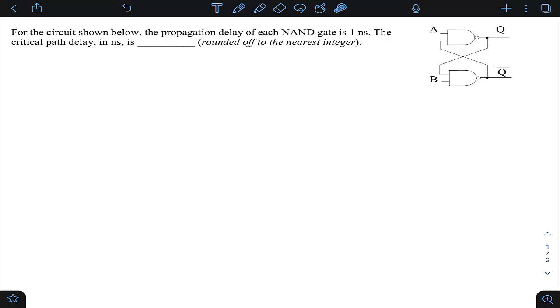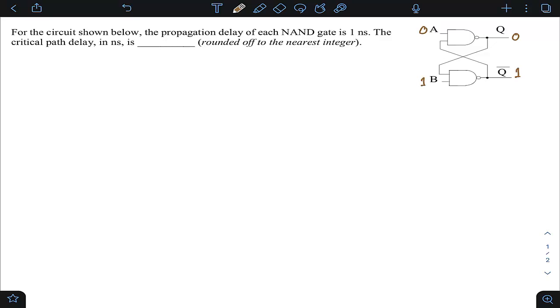Now let us try some inputs and find what the worst case delay can be. The delay can be worse if the delays of both these gates are involved. So let us assume that initially the condition of this is 0 and 1. This is the initial condition I am assuming; you can assume anything else. Then let us assume the input A is 0 and B is 1.